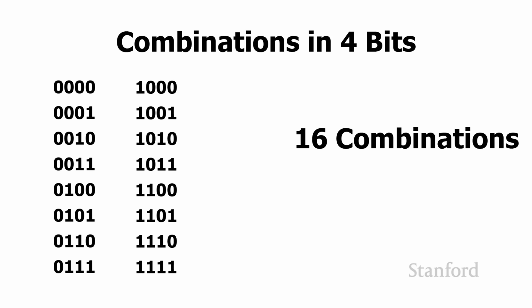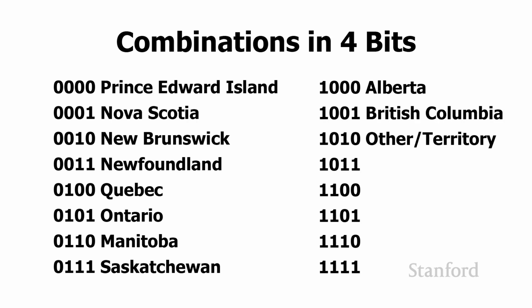For example, I could use these 16 combinations to represent the 10 provinces in Canada. If we were a school in Canada and we wanted to know which province somebody lived in, I could have 0000 represent Prince Edward Island, 0001 represent Nova Scotia, 0010 represent New Brunswick, and so on.